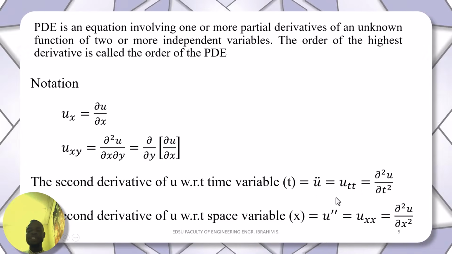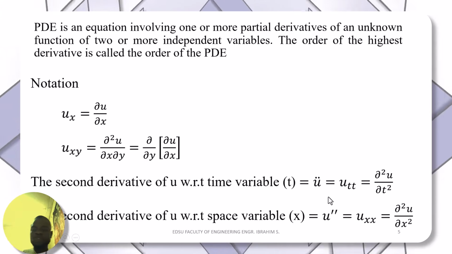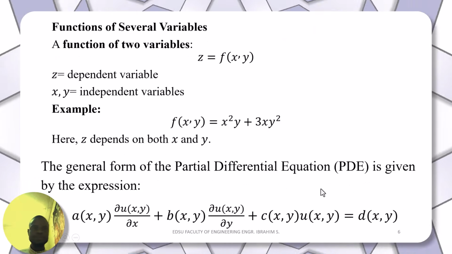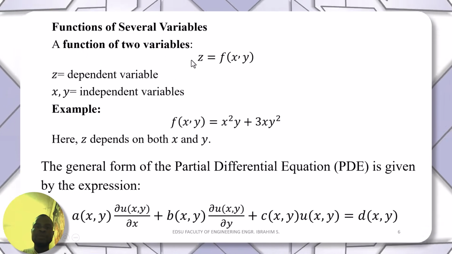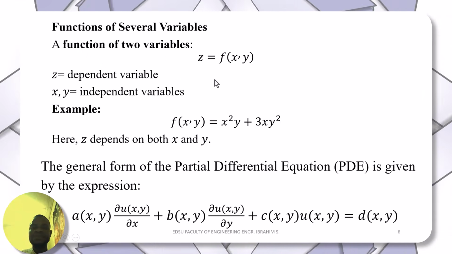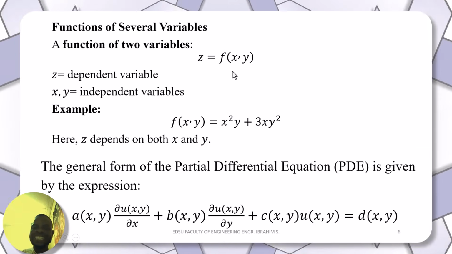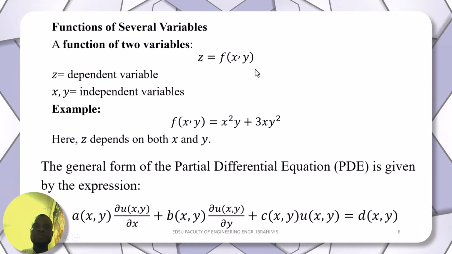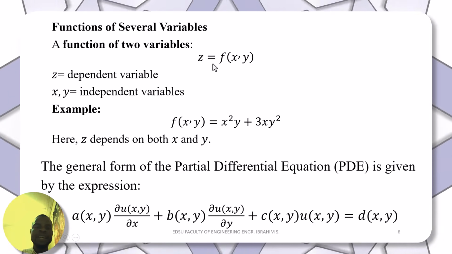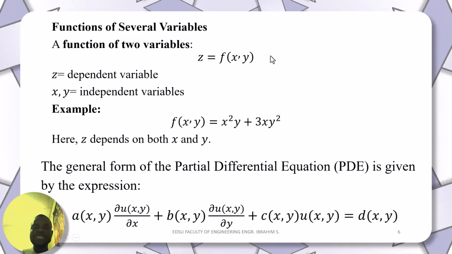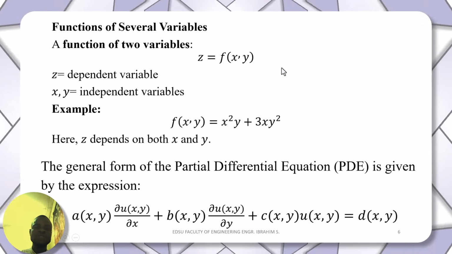This one is mainly denoted with space variable. So, function of several variables. For a function of two variables, we have z. Z is a function that depends on x and y. So if I want to look for the partial derivative of z, I can look for it in terms of x and then in terms of y.